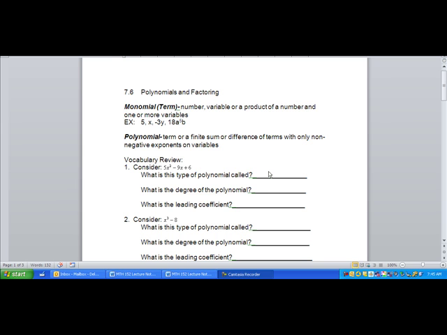What is this type of polynomial called? Because it has three terms, like a tricycle that has three wheels, a trinomial has three terms.